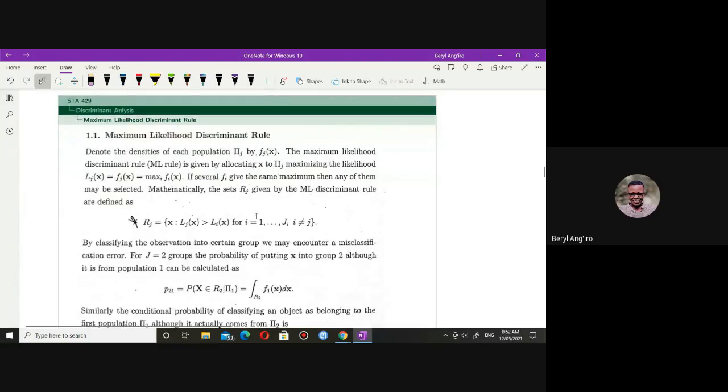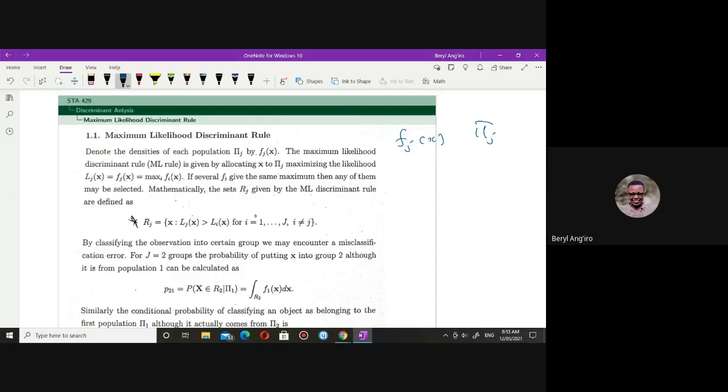So denote the densities of each population, that is the probability density function, by f_j(x) for population pi_j. The maximum likelihood discriminant rule, also called the ML rule, is given by allocating x to the pi_j maximizing the likelihood function.